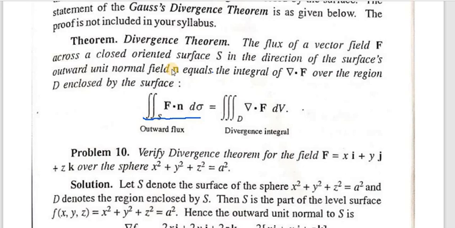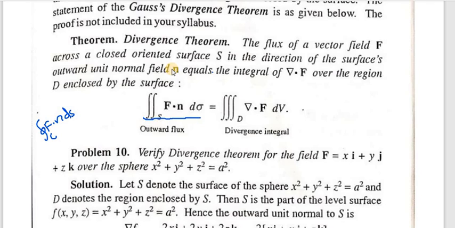The equation to represent flux is f dot n. If it is a line integral across a closed curve, we can represent it by the line integral over C of f dot n ds.